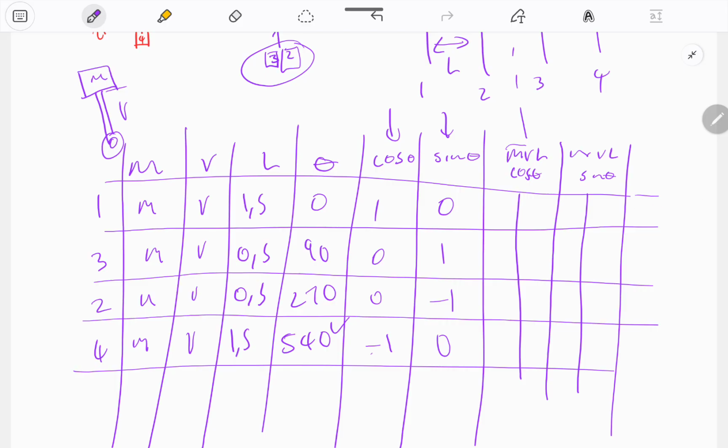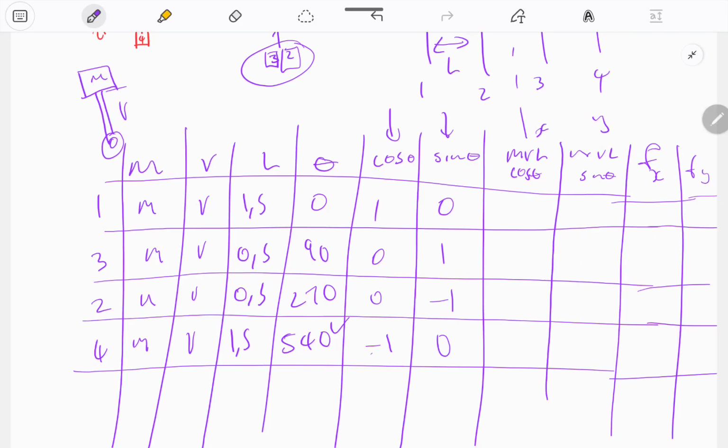Let me just put it here. It will be force cos, let me say Fx. Actually, I should have called them x and y. Let me just add that table there. Fy. Well, remember, y is for sine. Cool. Let me remove this then.